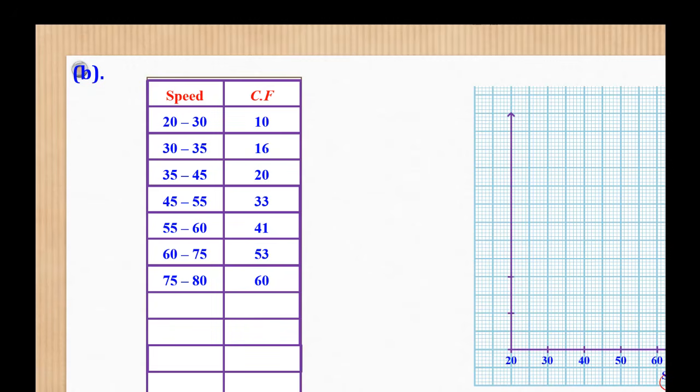Do the same for the vertical axis, using intervals of 2 centimeters, get a good scale and label the vertical axis. Then we shall need a title for the graph you're drawing: a graph of cumulative number of vehicles against their speed.